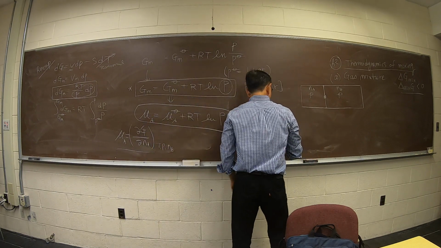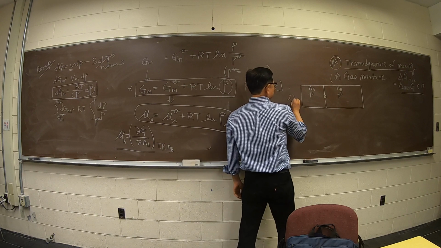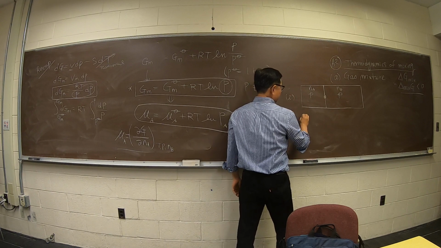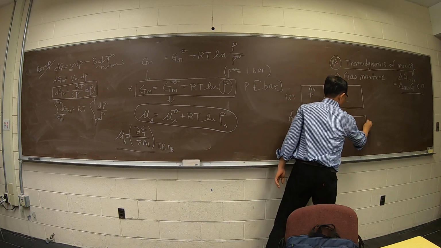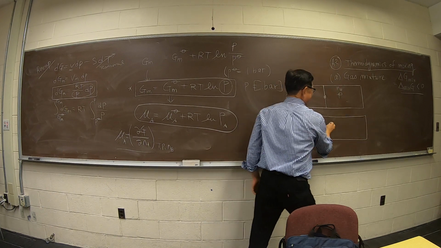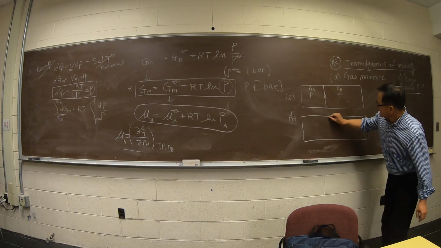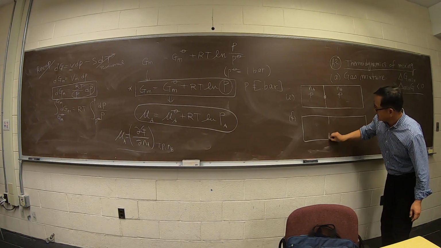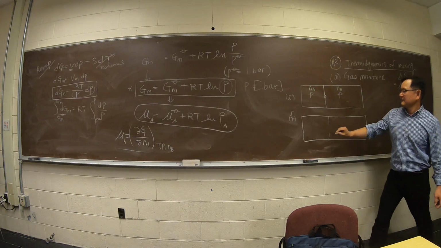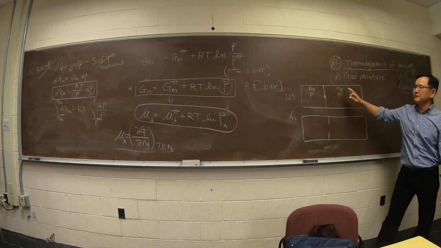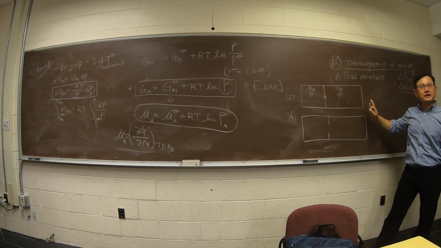And then what I'm going to say is this is the initial state, and this is the final state. I've got to close this thing. There you go. We're almost there, right? So look at that. I'm going to open it up, and A will diffuse in and out, B will diffuse in and out.